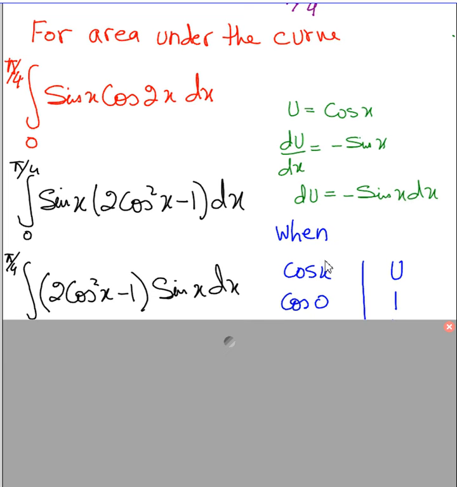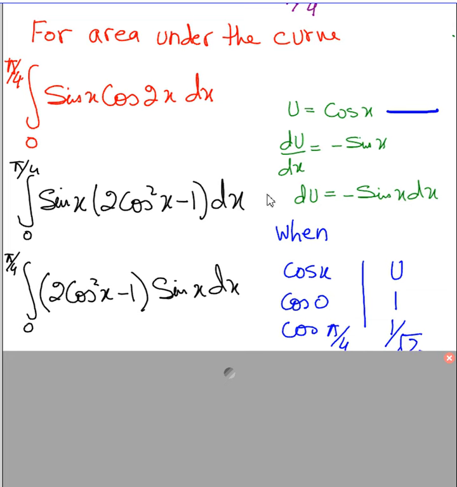But when I'm changing the whole question in x into u, it means the limits will also change, because these limits are for x, not for u, right? So in this substitution, I am taking x equals 0. So when I take x equals 0, cos 0 is equal to 1. So my u will be 1. So I will replace 0 by 1.